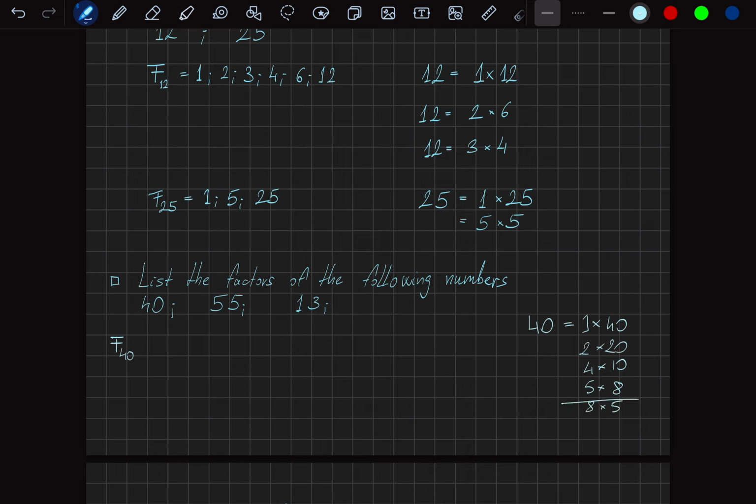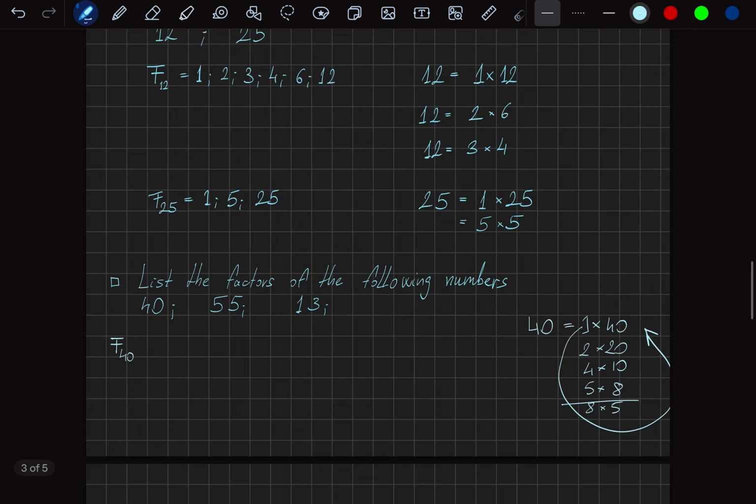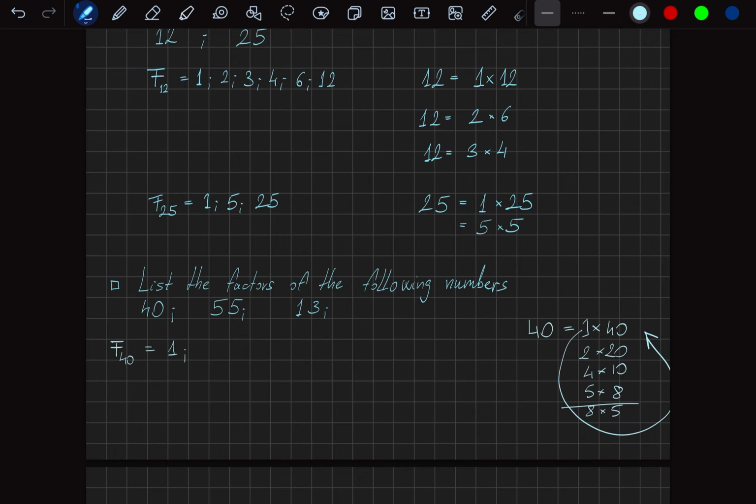So here is the border basically. And I will just write 1. If I write down the numbers, I follow this anti-clockwise way. So I write 1, 2, 4, 5, 8, 10, 20, and 40.